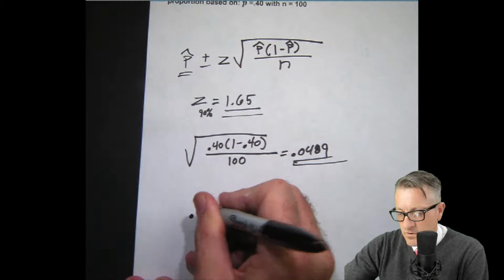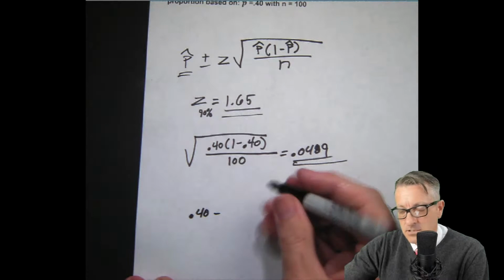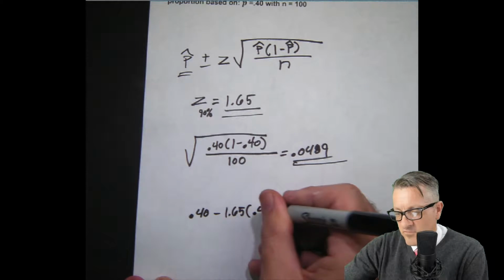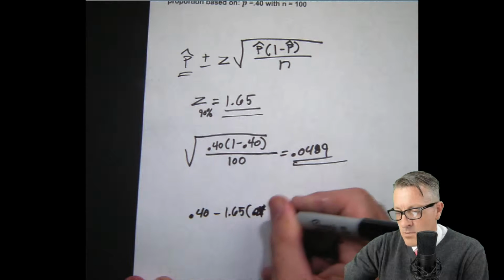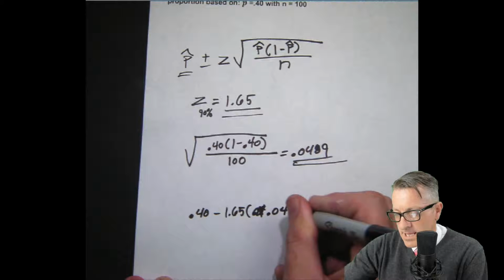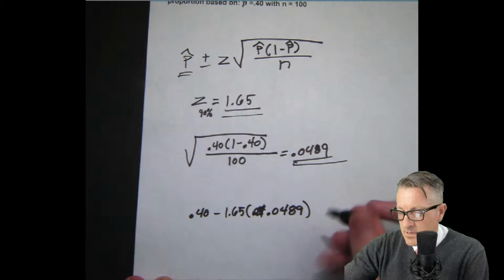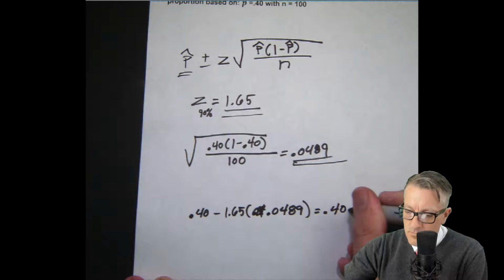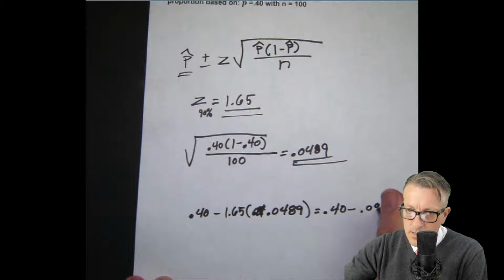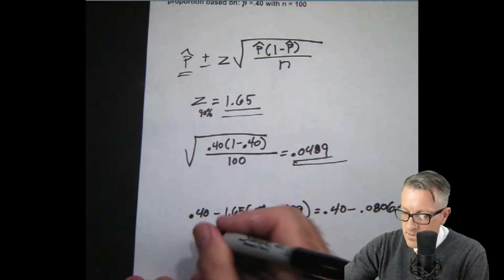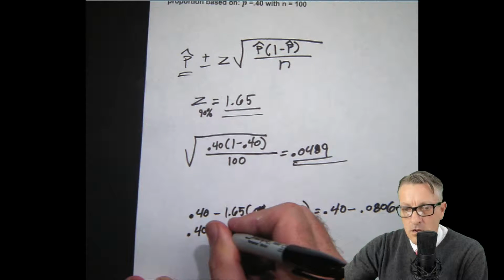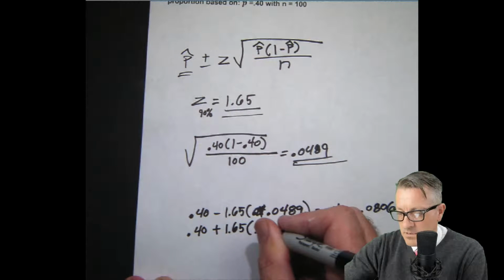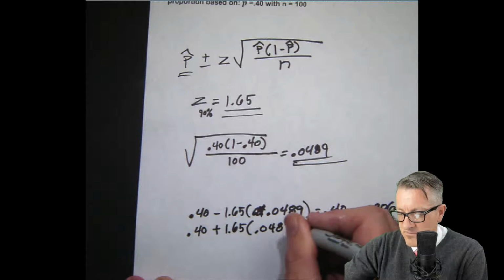So that is 0.40 subtract 1.65 times 0.0489, which equals 0.0806, and then 0.40 plus 1.65 times 0.0489. Of course, it's the same with each one.